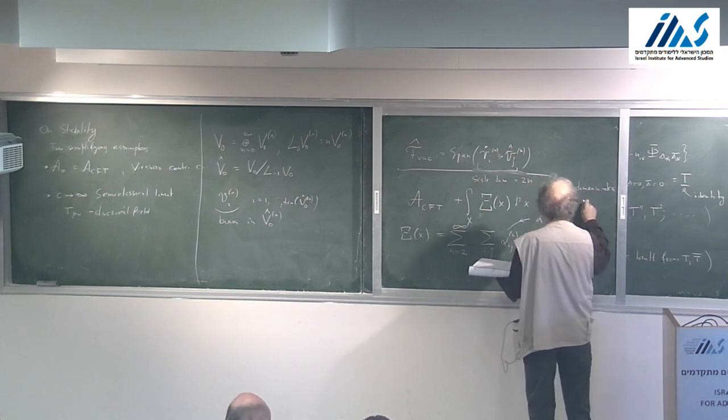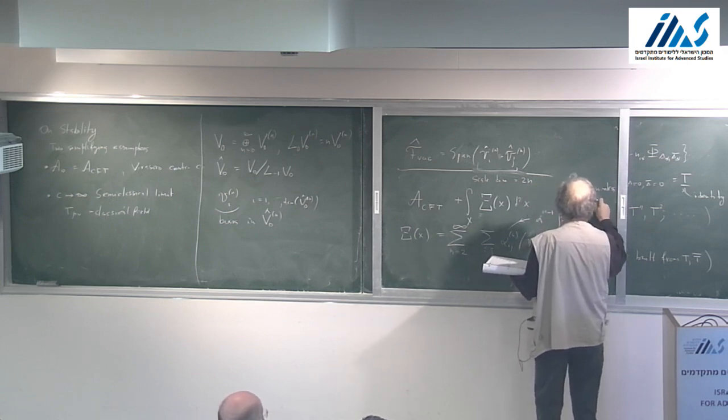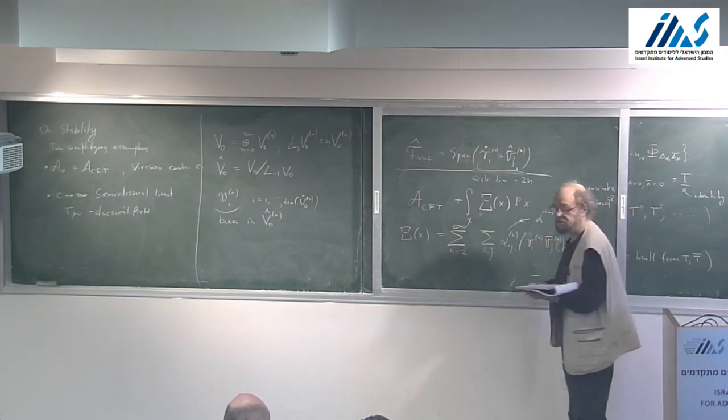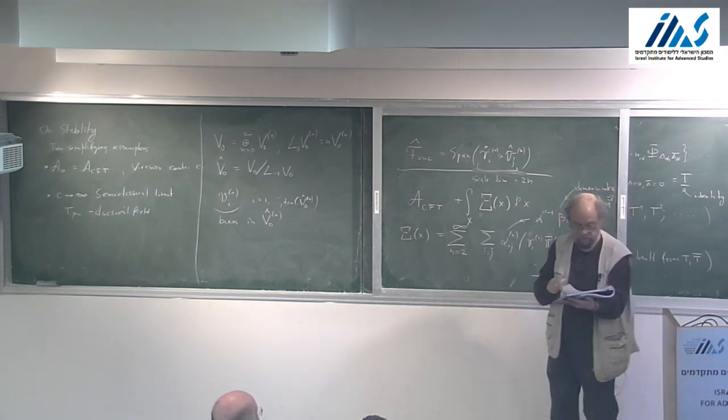And alpha has a dimension of mass to the minus 2, or length squared, or whatever you prefer.